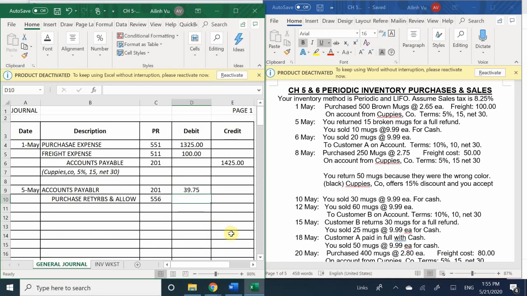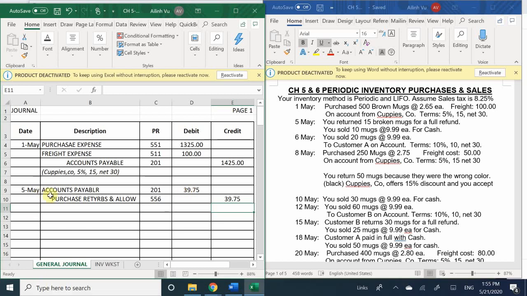Yes, $39.75. This does not include the freight that we charged, right? Because if you're returning to a vendor, you cannot return money on a freight.